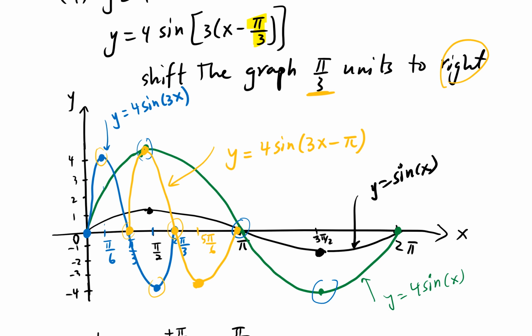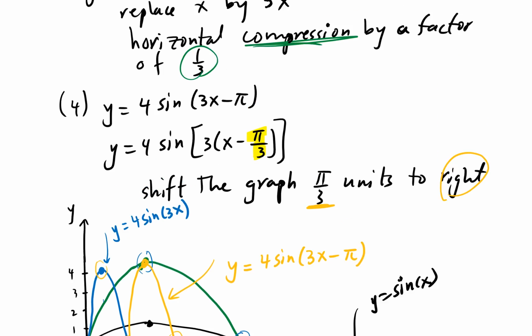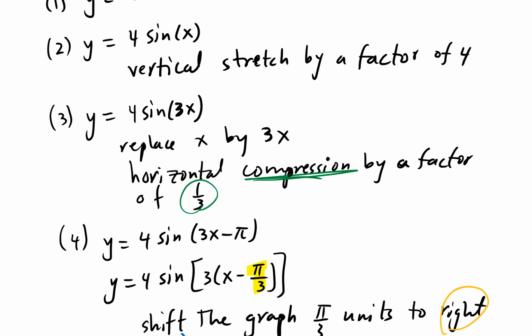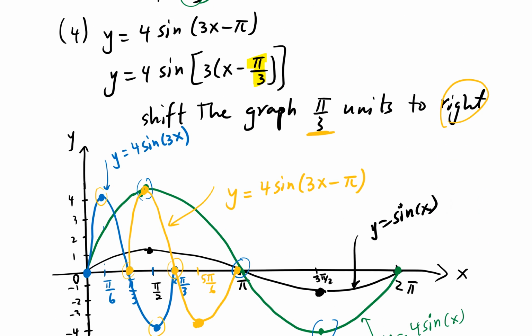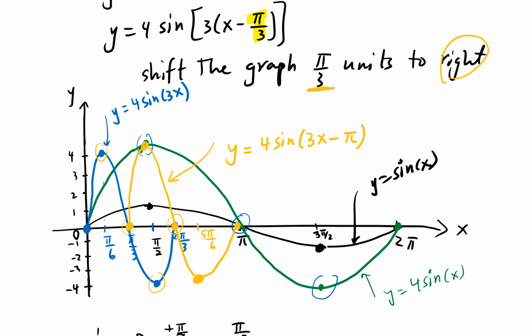After that, in step 3, we graphed the blue one, which was a horizontal compression. So instead of going all the way to 2 pi, it went only up to 2 pi over 3. Step 3 was a horizontal compression by a factor of 1/3. So the 2 pi becomes 2 pi over 3. Just multiply everything by 1/3, so the pi became pi over 3. The 3 pi over 2 became pi over 2.